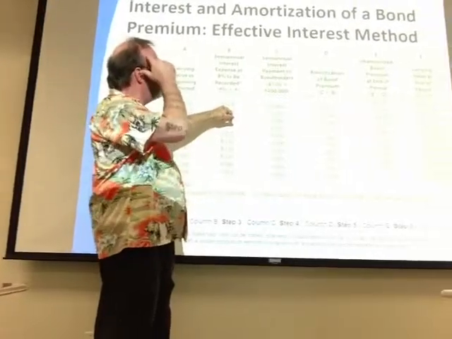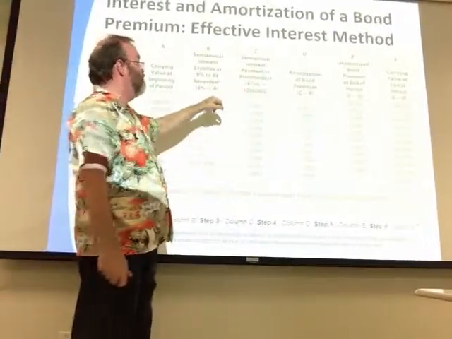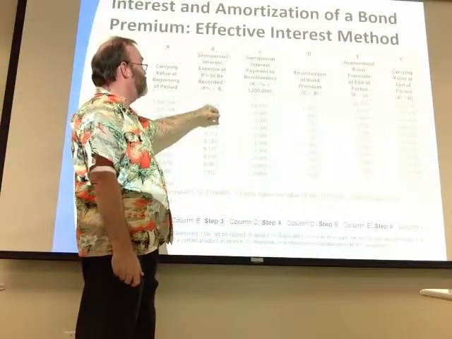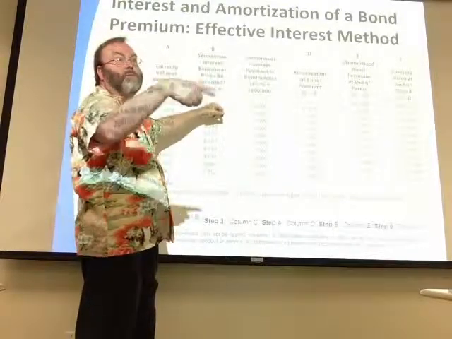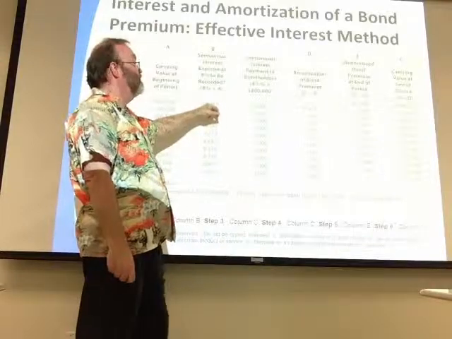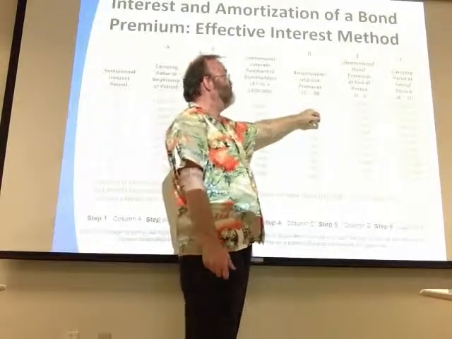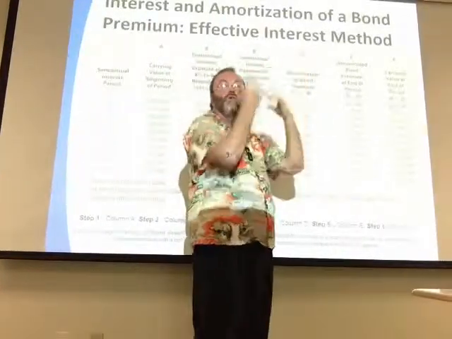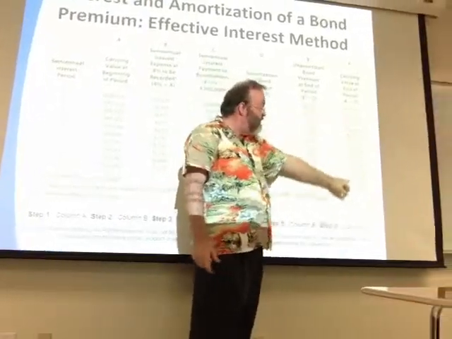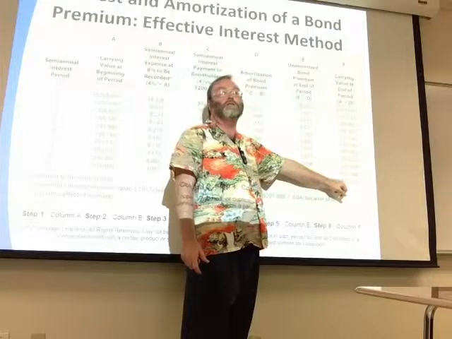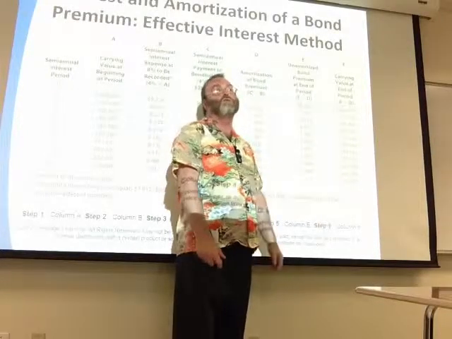Your calculation of 4% times 208 is only $8,328. You're giving them $9,000. That's an excess of $672. You lower the amount that you owe. Because once again, at the end of the 10 periods, it has to be worth $200,000.